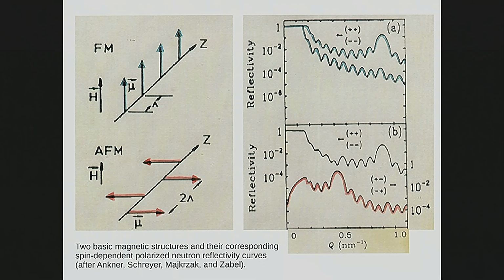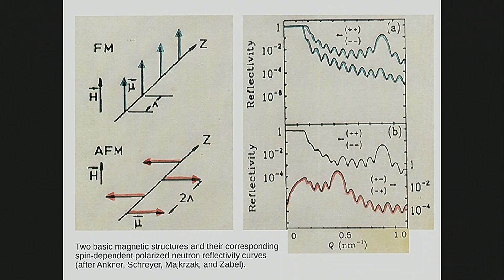You get, for one spin state, very strong magnetic scattering at this periodicity, showing you that there is a magnetic moment pointing in the same direction from one layer to the next and so on down along Z. And the other scattering cross-section will look just like this without any magnetic component.